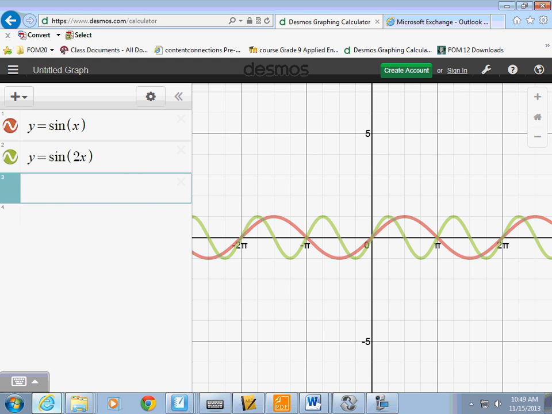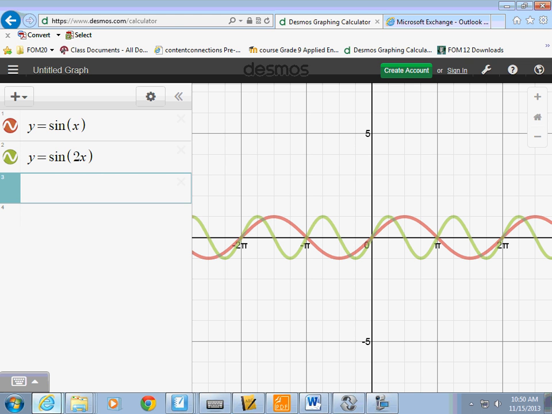So what has it done to the period? If my period initially was 2 pi and now it's only 1 pi, by how much? Half. Exactly. So y is equal to sine of 2x has half of the period of y is equal to sine x.